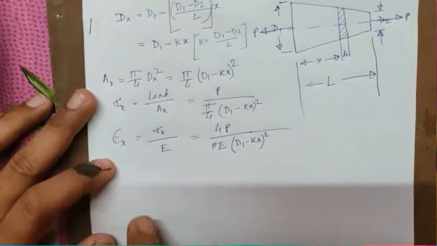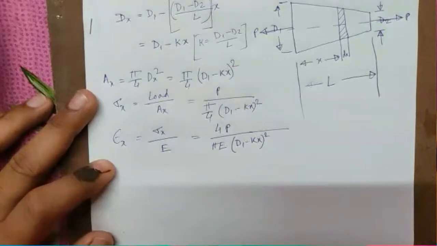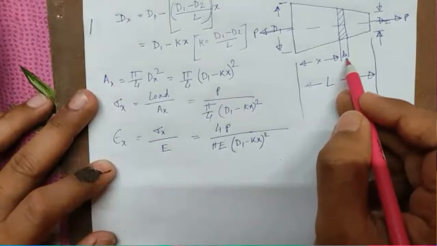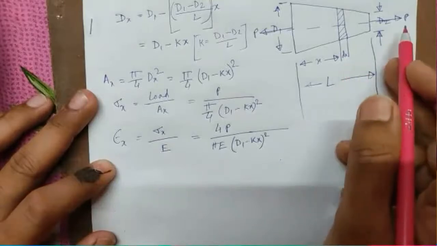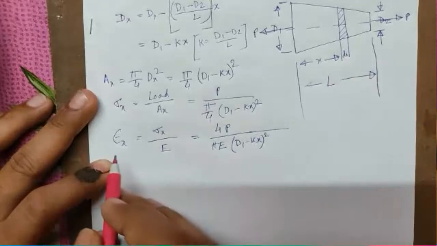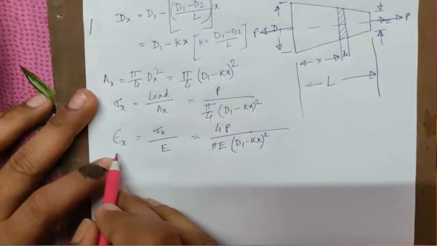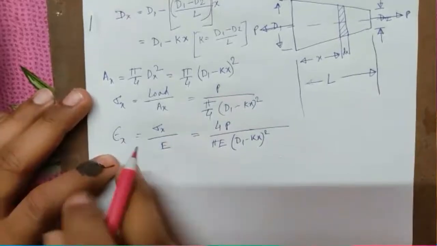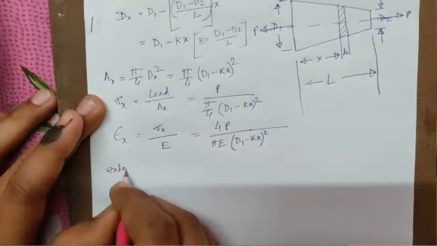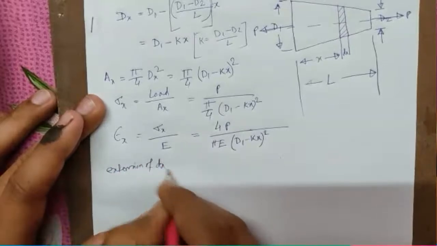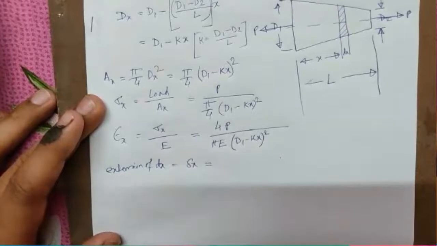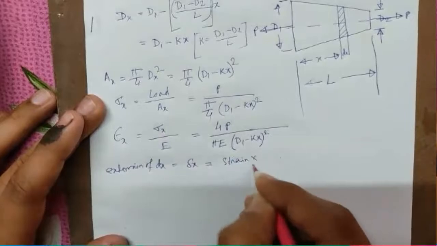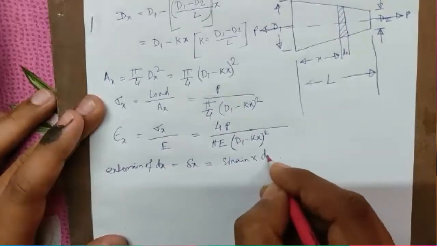Now again, what is the strain? This strain is the elongation of dx. Previously the thickness was dx. Upon loading of P, the dx has been changed. That's why this strain has been created. So now the extension of dx, delta x, can be written as strain into original length dx.